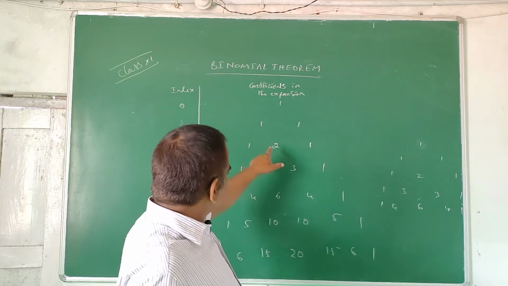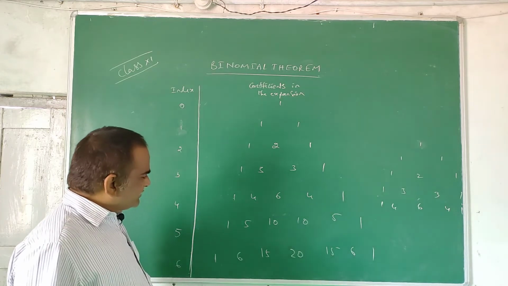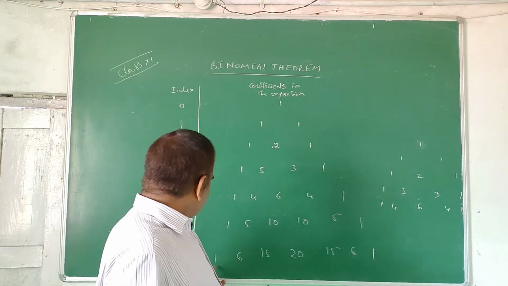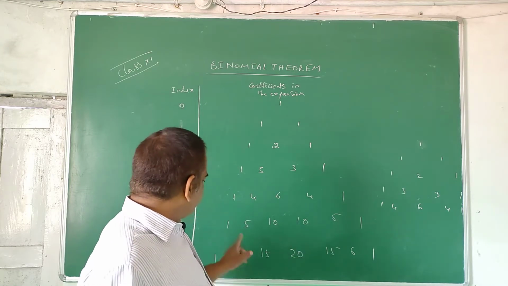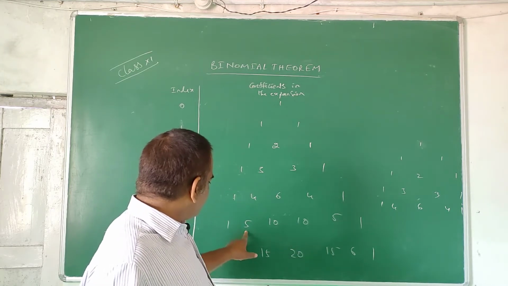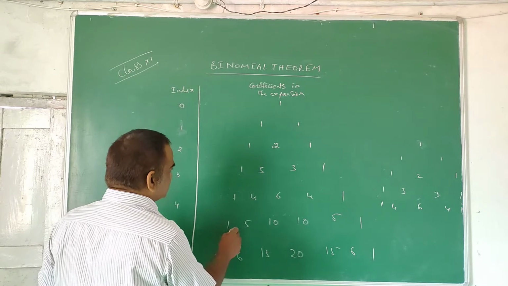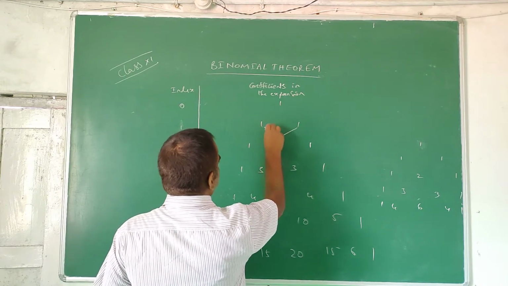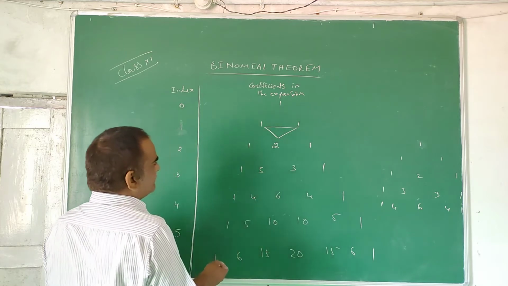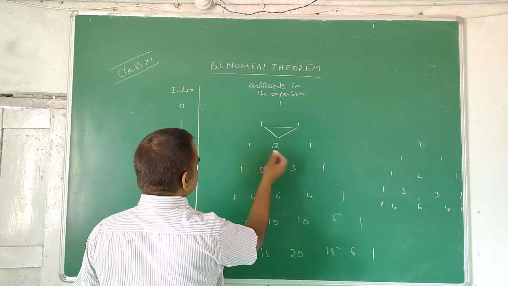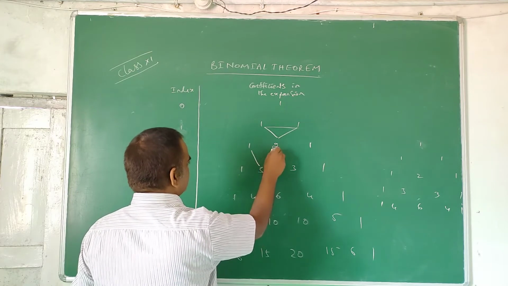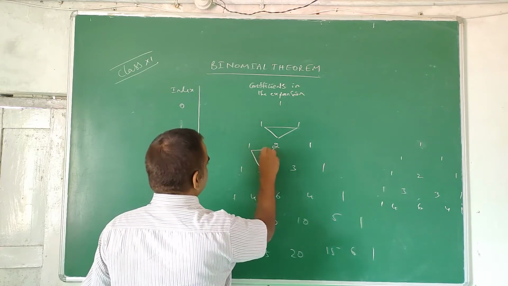So here it is easy to expand for any integral power. Just keep 1 and 1 in the extremes, and keep on adding like this. See here, 1 plus 1 gives you 2. It's a triangle now. Are you following? 1 plus 2 is 3.